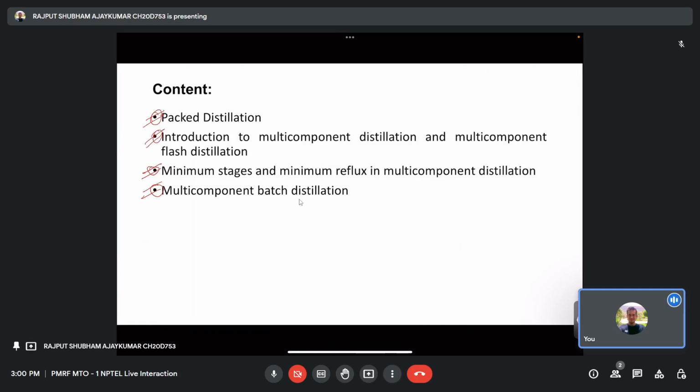So before we go, we'll start with the design of distillation in packed towers.